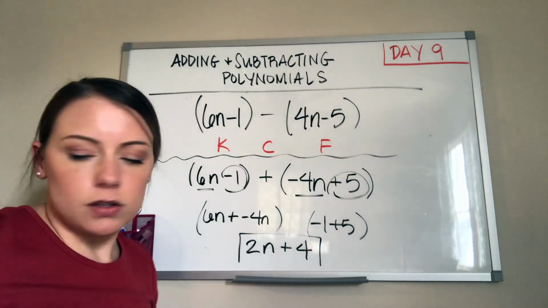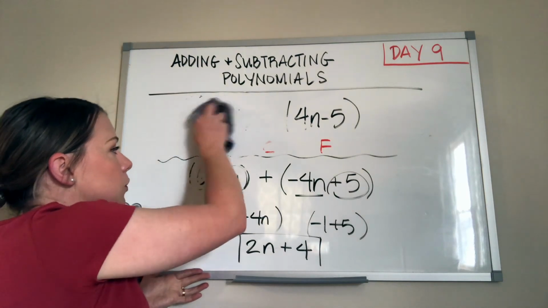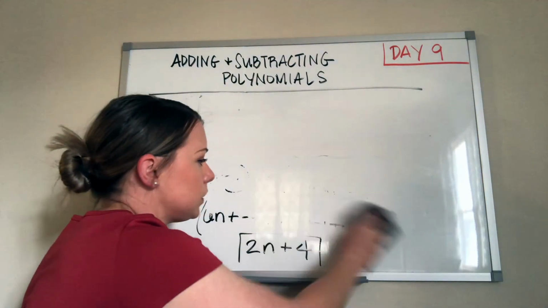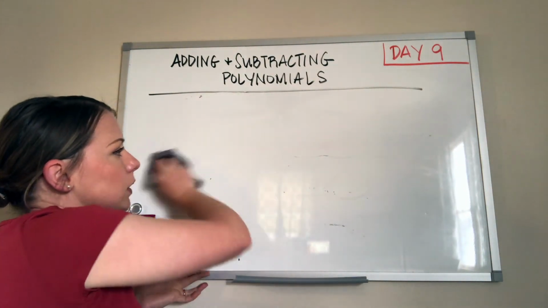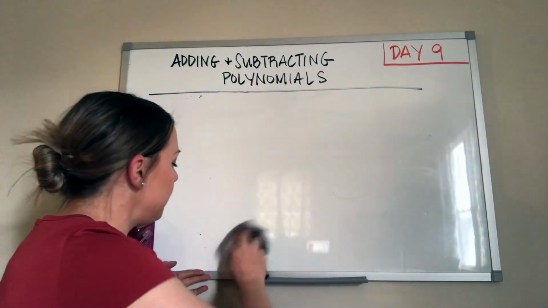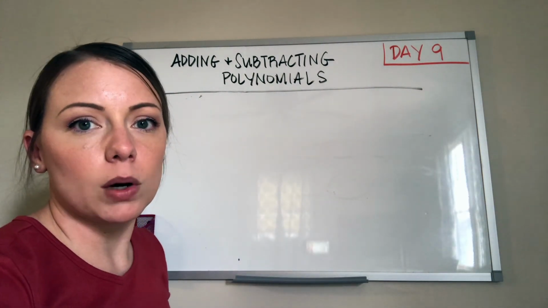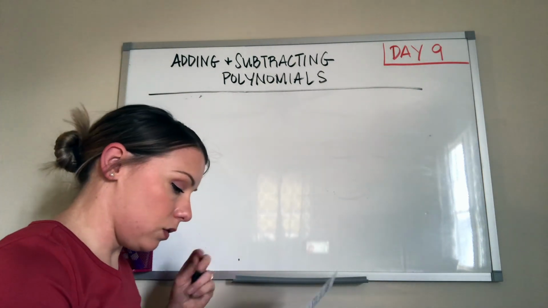All right, so let me give you one more. This one, I'll make sure you have polynomials with 3 terms, and we're still going to do the same trick. I know it doesn't say it in your notes, but it's something for those of you watching that might become more helpful to you. All right, so let's try this out.